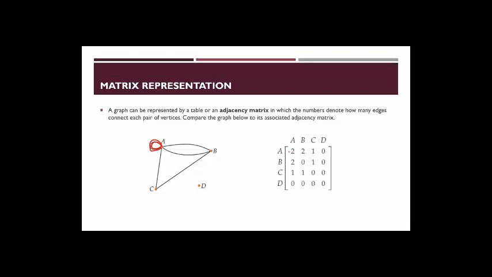Then A to B: A to B has 1 line and B to A has 1 line, together making 2. Then similarly we have A to C as 1. A to D is 0.